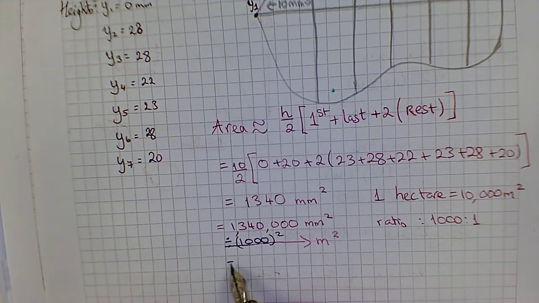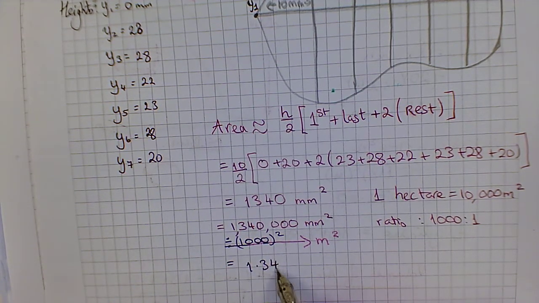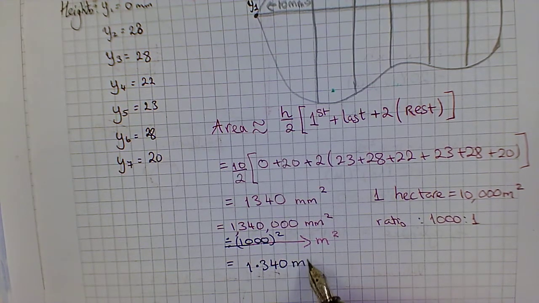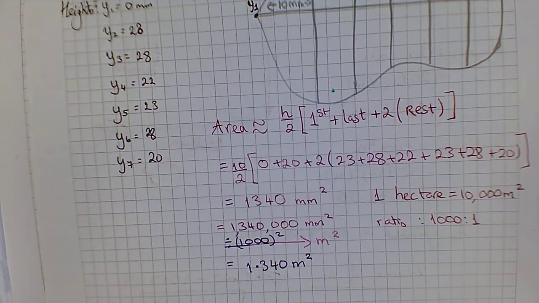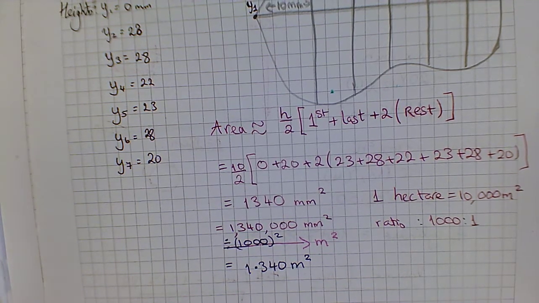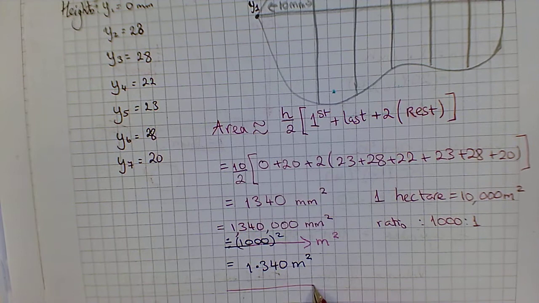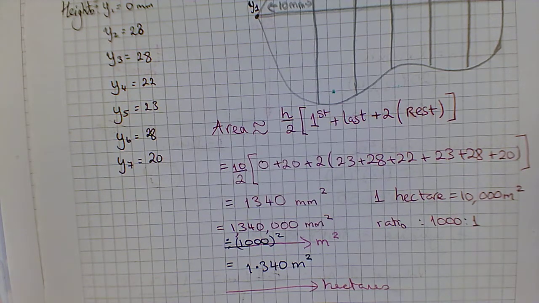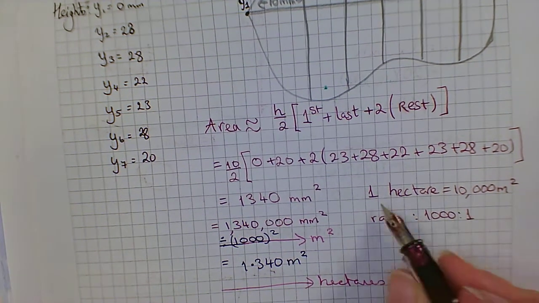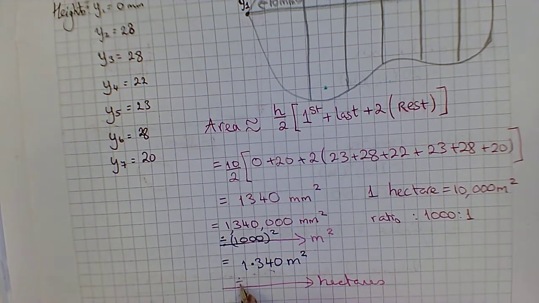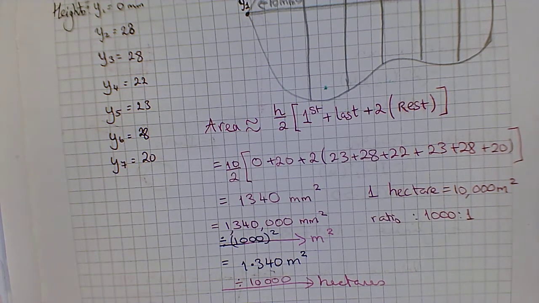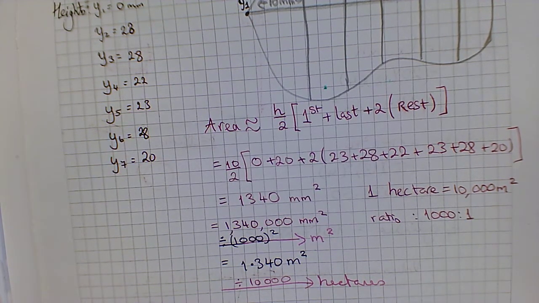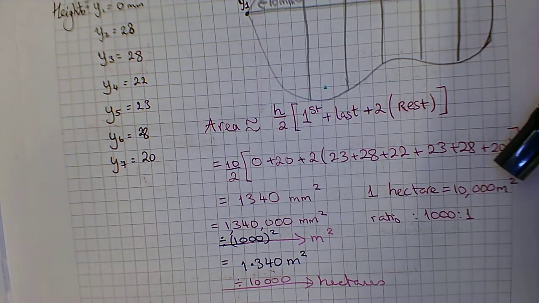And that means that this is going to be the same as 1.340 meters squared, which is, then we have to go even further. So to convert it to hectares, we have to divide again. And this time we're using this formula here. So these ones are already in meters squared. So I'm dividing by 10,000. And we can write this in scientific notation, or you can just write it in decimals. And the question said to 2 places of decimals.